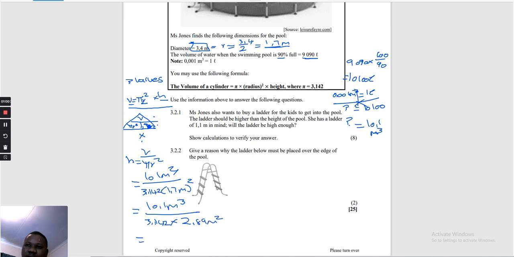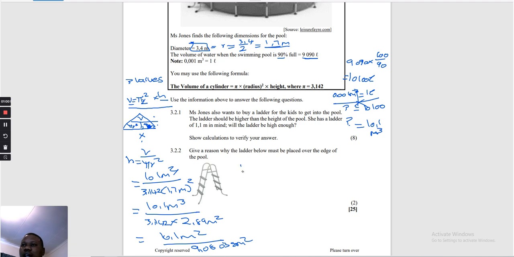Oh, it's taking long. 3,142 multiplied by 2,89 gives us 9,08038 meter squared.